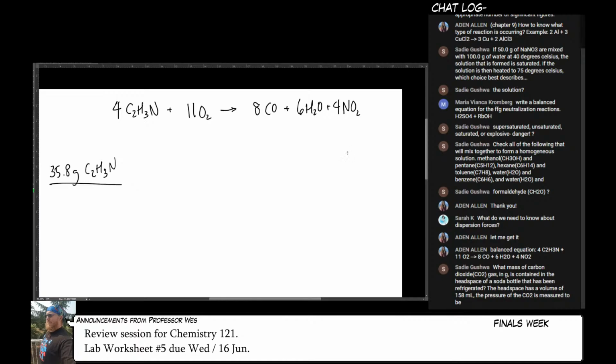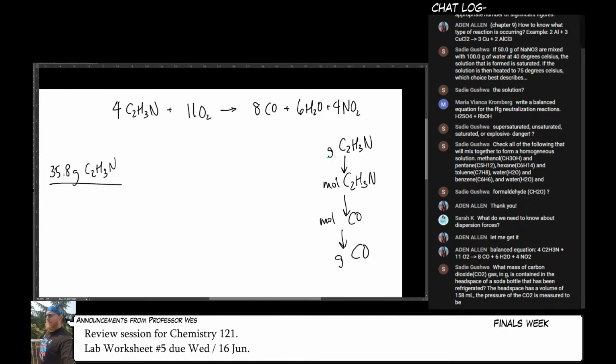All right, so first I have grams of this. What is the question asking me for? How many grams of CO are produced? Okay, so whenever you have grams of something, turn it into moles when you're doing these stoichiometry problems. And so what do we do here?